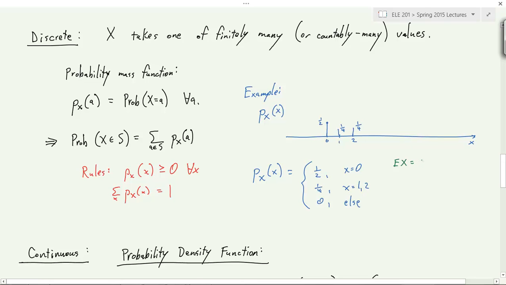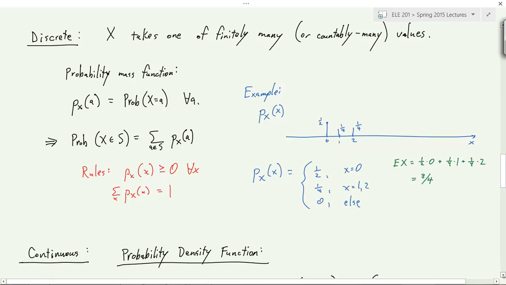With probability a half, we get value 0. With probability a fourth, we get value 1. And with probability a fourth, we get value 2. So that equals 3/4, right? So the expected value of this discrete random variable is 3/4.